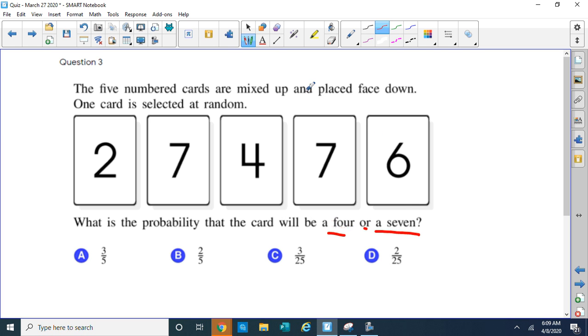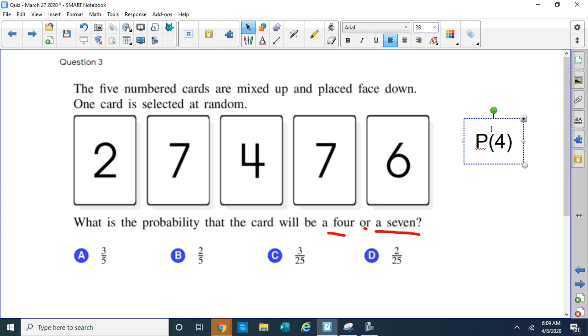Now remember, if we go back to our first question, the probability of getting something to win is what we need. So we're interested in seeing what we can get to win. So we need a 4. So let's put down what would be the probability of getting a 4.